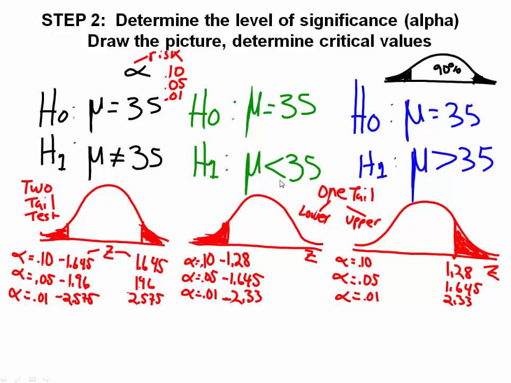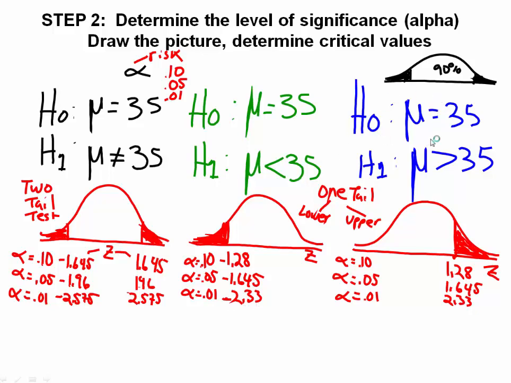Therefore, when we look at alpha, the whole 10% is on one side, and an alpha of 0.10 gives us a critical value of negative 1.28. Whereas if we do a 5% alpha, we get a negative 1.645. And if we do an alpha of 0.01, we get negative 2.33.